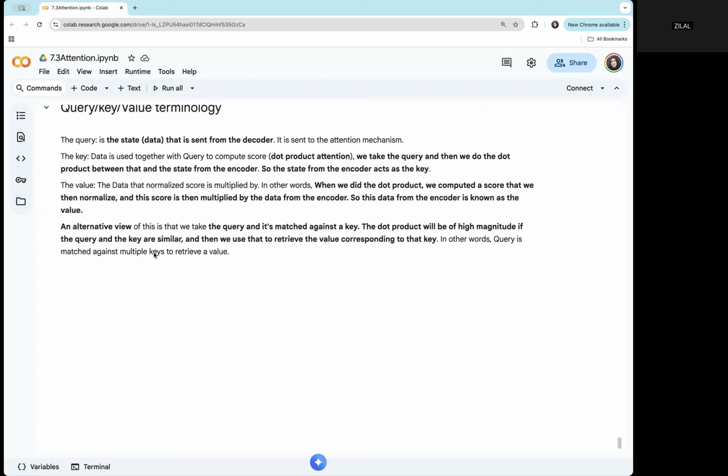An alternative view of this is that we take the query and it's matched against a key. The dot product will be of high magnitude if the query and the key are similar. And then we use that to retrieve the value corresponding to that key. In other words, the query is matched against multiple keys to retrieve a value.